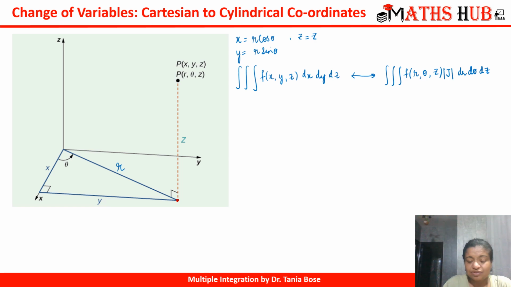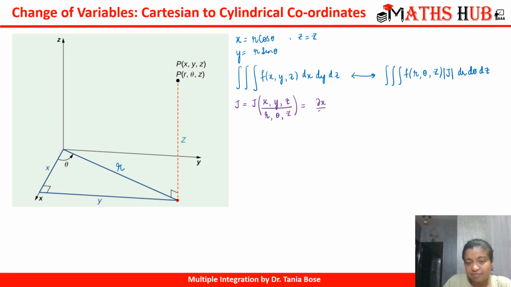So the first step is to calculate the value of the Jacobian. What is the Jacobian? The Jacobian is basically the change of the old system, that is x, y, z, with respect to the new system, that is r, theta, z. So let us write the determinant.